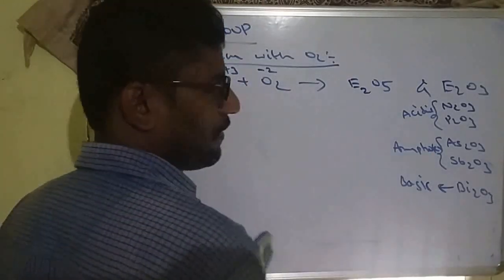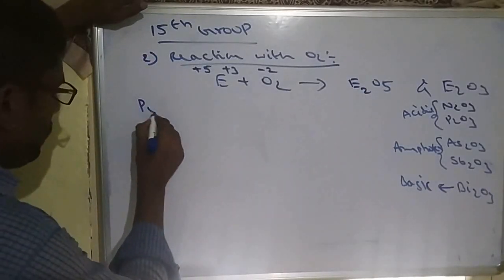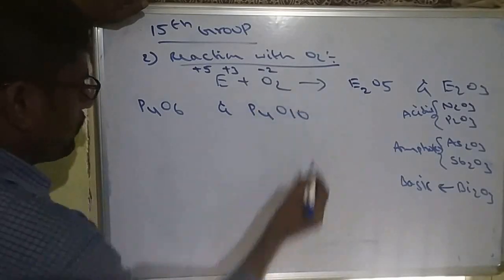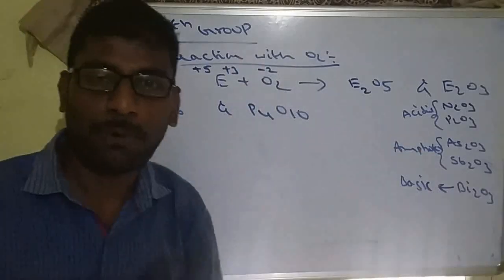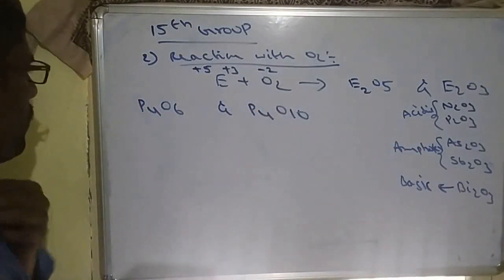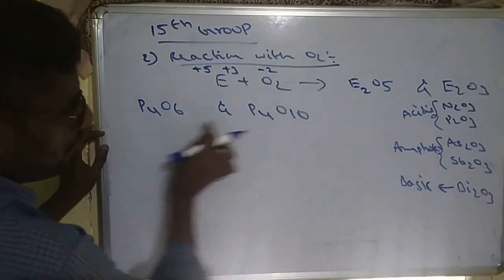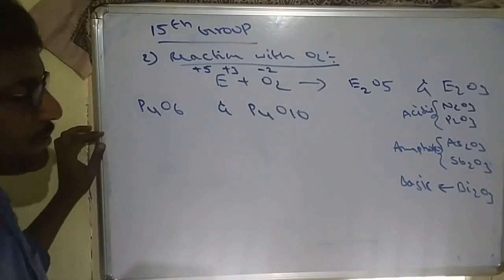So sometimes they will ask about the structures of P4O6 and P4O10, because sometimes they will ask how many sigma bonds are present in P4O6 or in P4O10. So how to identify? The P4O6 structure is nothing but the dimer structure. The E2O3 dimer will be E2O6, that is E4O6.